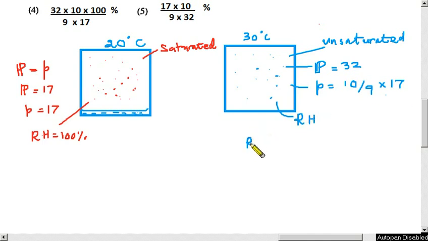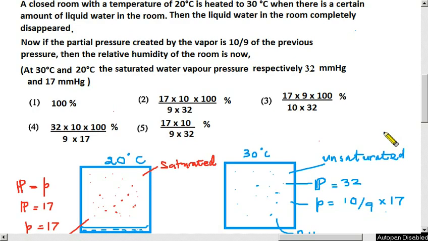So let us write the equation. Simple P is this one, 10 divided by 9 times 17. Capital P is 32, times 100. So this is the relative humidity now.